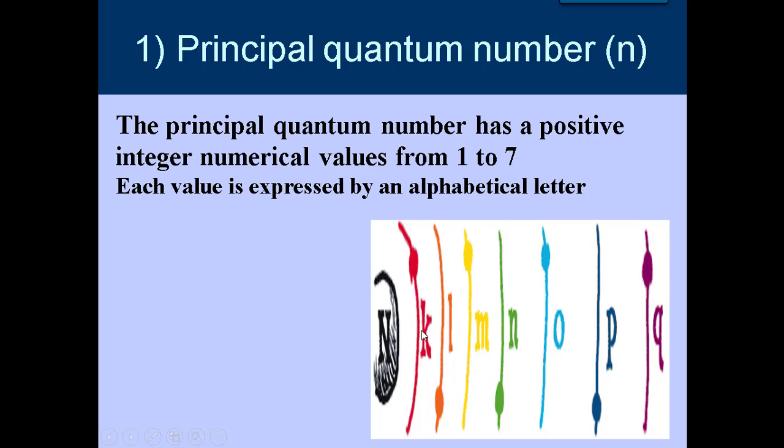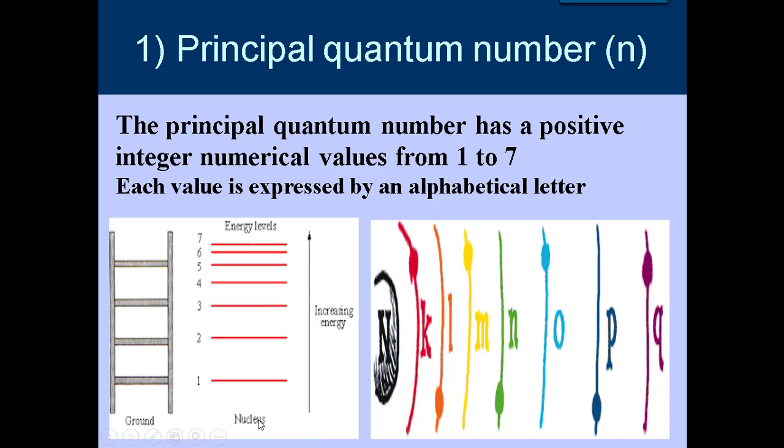So energy level 1 is K, energy level 2 is denoted by L, energy level 3 is M, then N, O, P, Q, till we reach the 7th energy level, which is called Q. So don't forget that as we move away from the nucleus, or as the radius of the energy level increases, its energy will increase. So we have to know that K has the lowest energy and Q has the highest energy.